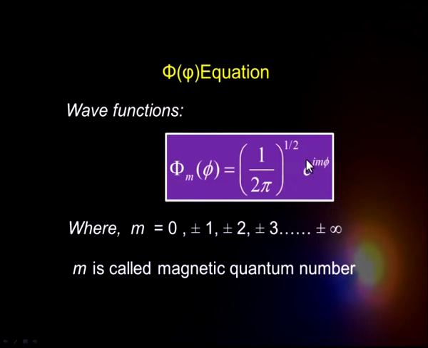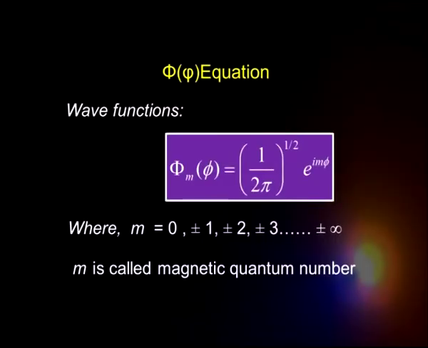So I get a series of functions when I substitute this value of m into the generalized equation which I got in the process of solving the phi equation. So I'm getting an infinite number of solutions. And most importantly, the outcome is two things: one, a series of wave functions, and two, a quantum number called the magnetic quantum number, whose values are 0, plus minus 1, and so on up to plus minus infinity.